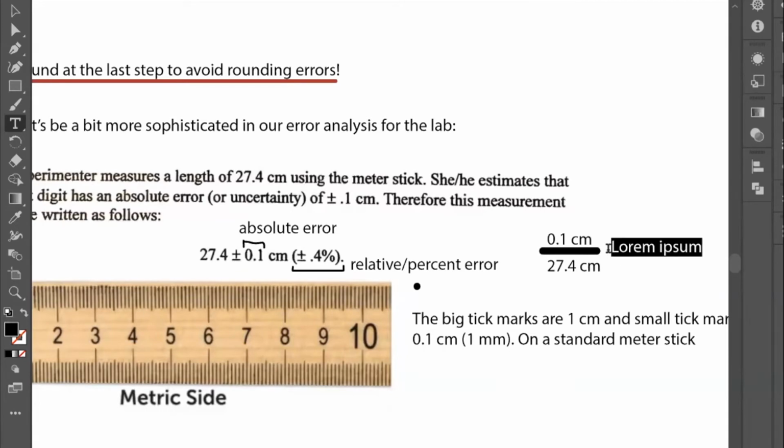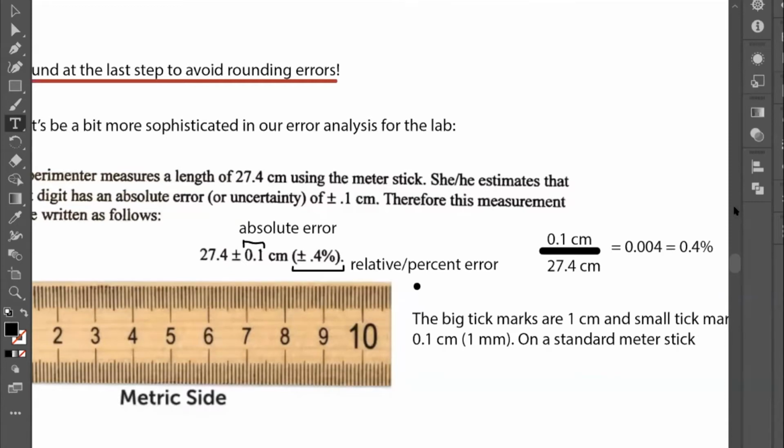And you get 0.004 rounded to 1 sig fig. You can write that as equal to 0.4%. Percent meaning per 100, so you multiply by 100.